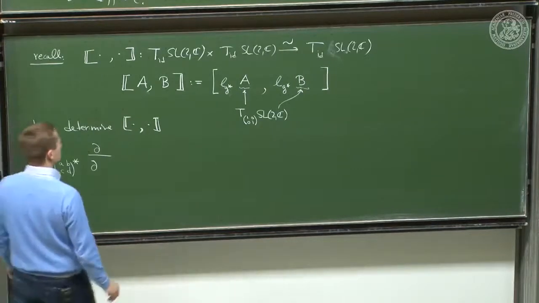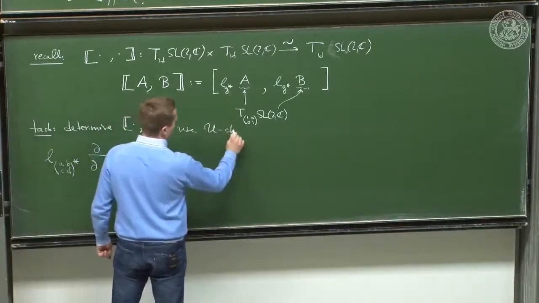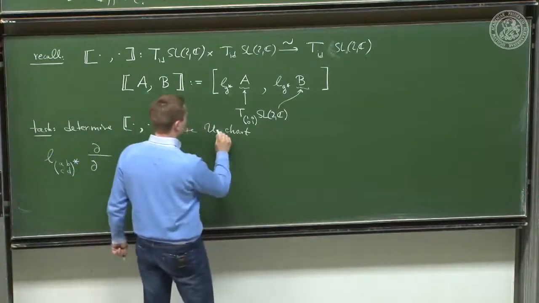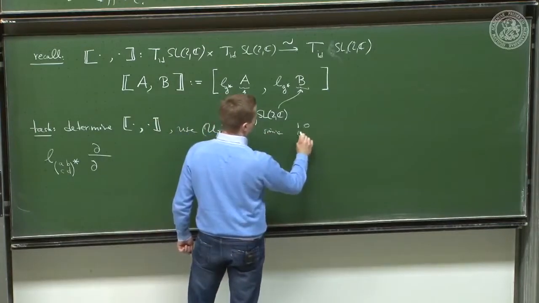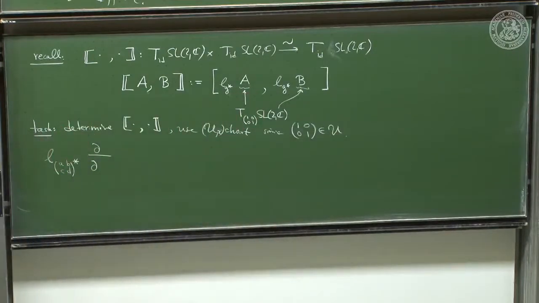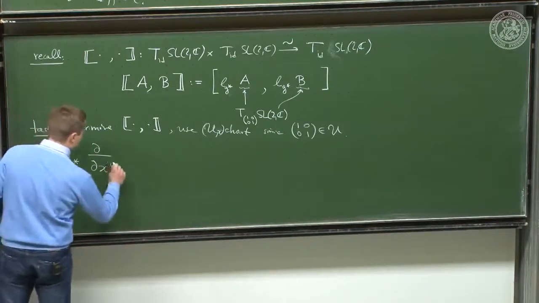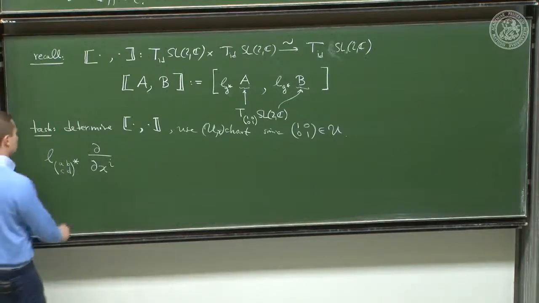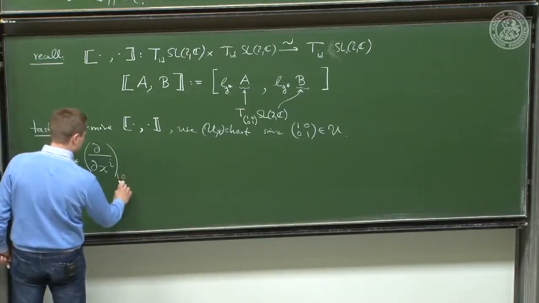So I can use the U chart, because that guy covers the identity, since 1, 0, 0, 1 is an element covered by the U. So I take the U chart with its x coordinates, and these x coordinates run from 1, 2, 3, so I can act on the ith tangent vector, and you know we always have to say where, well, at this point, at the identity.